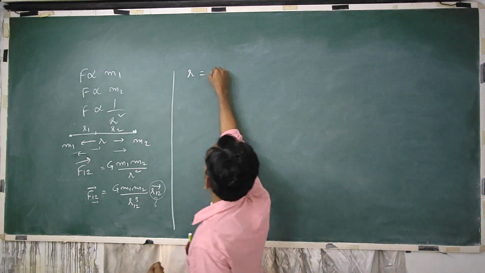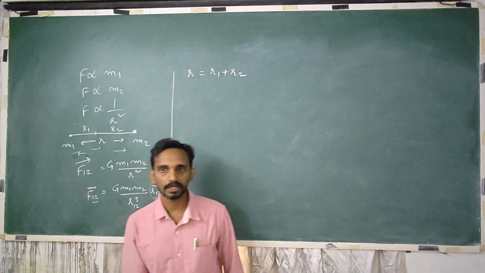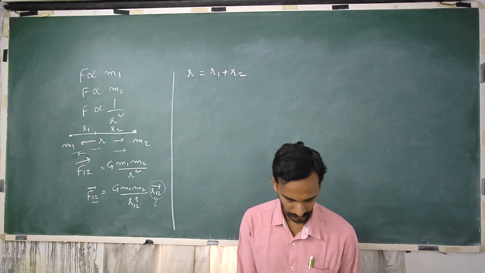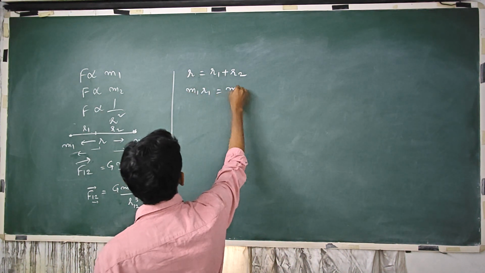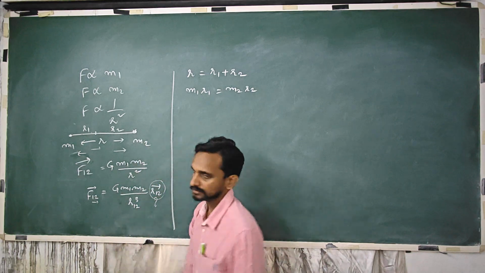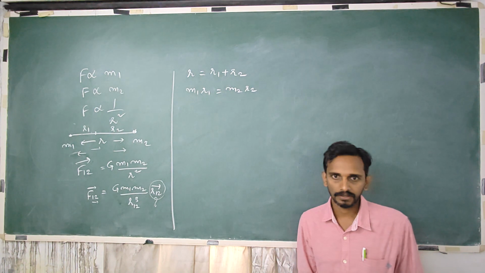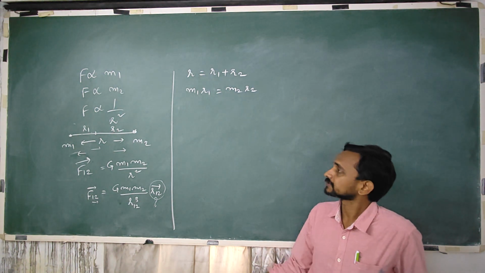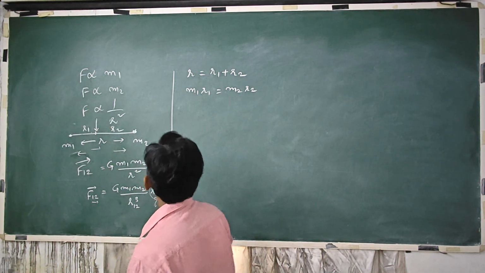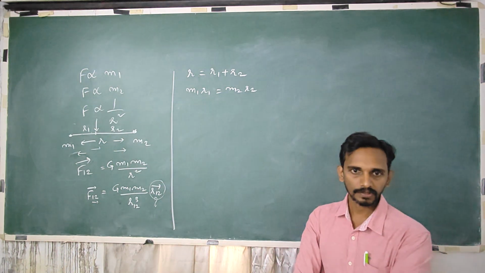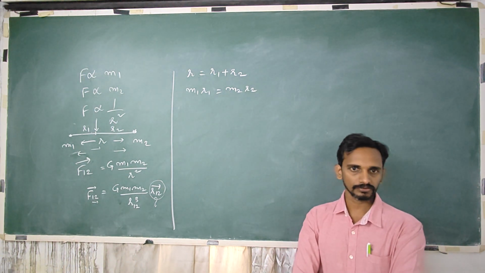So the total radius is r1 plus r2, and the moment about the center of mass, that means the product of mass and distance, is the same about the center of mass. So I call that the location of the center of mass. The center of mass is located at a distance of r1 from m1 and at a distance of r2 from m2.